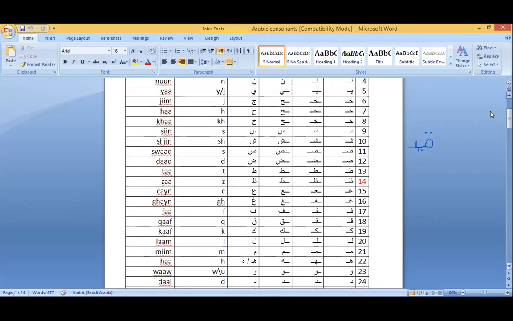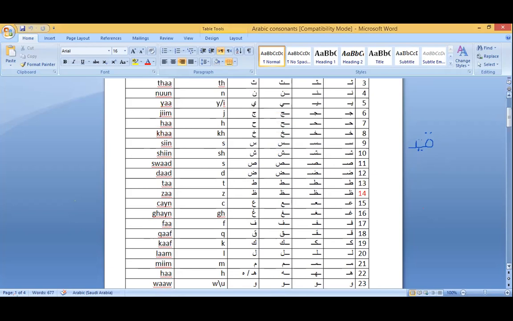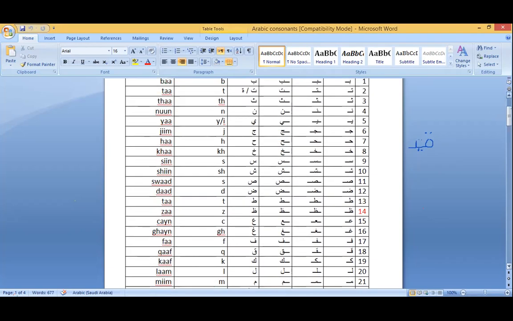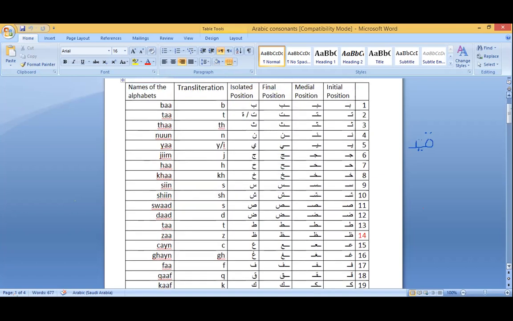Yeah. Now, which shape of this one? What is the name of this ta? That's T. Now, ta has two. We have two tas in Arabic. I mean, there's one ta, but with two shapes, and they are given two different names.